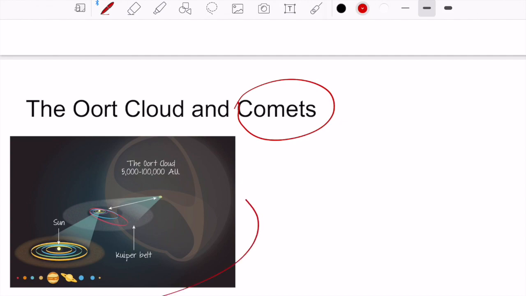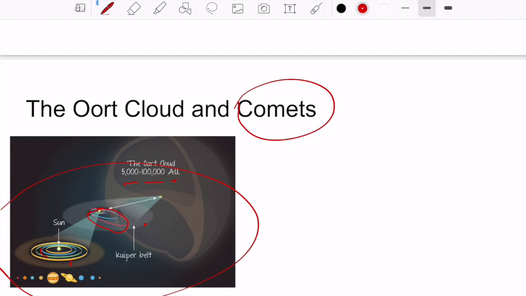This is a good visual, and there is a video on this. The Oort cloud is about 5,000 to 100,000 astronomical units away. And the Kuiper belt is here. Icy objects, very similar to the asteroid belt that is between the inner and the outer planets, right? So these are different objects, if you want to call them, around the solar system, right?